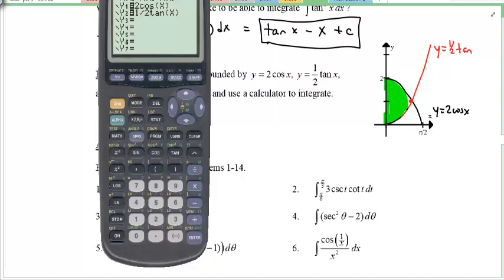I will actually change my window to only go from 0 to pi over 2. And my y value, sure. Let's see what happens. Here is 2 cos x. Here is half tangent x.